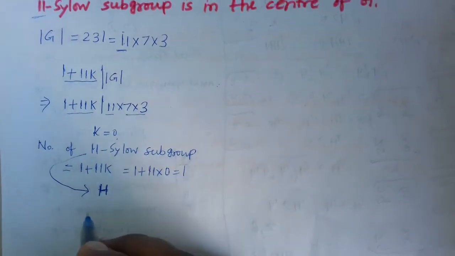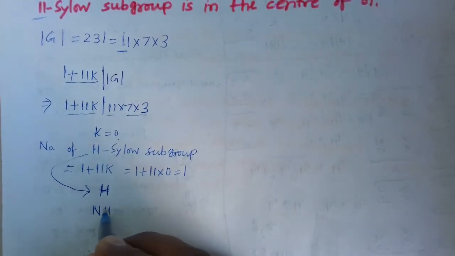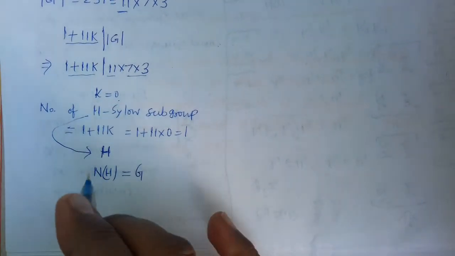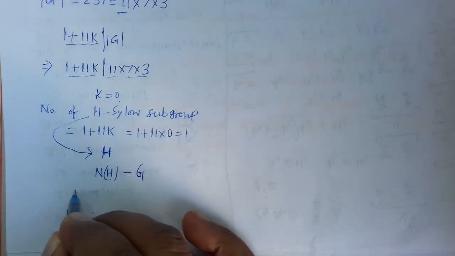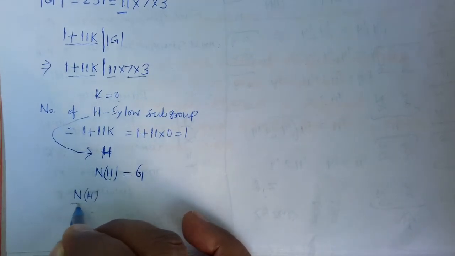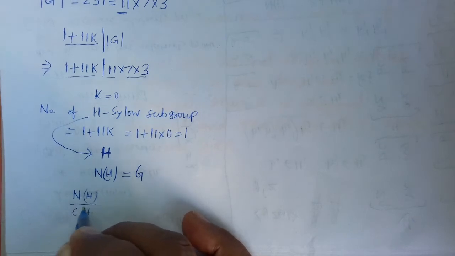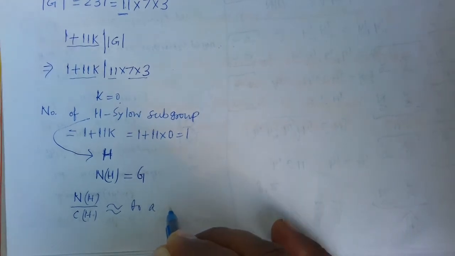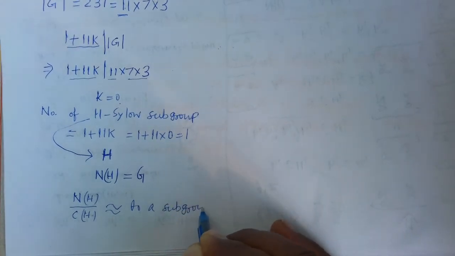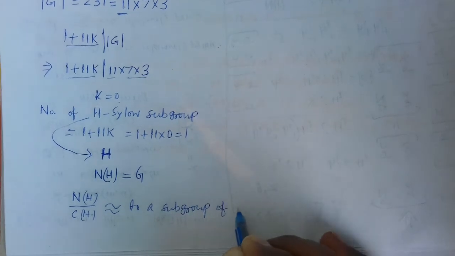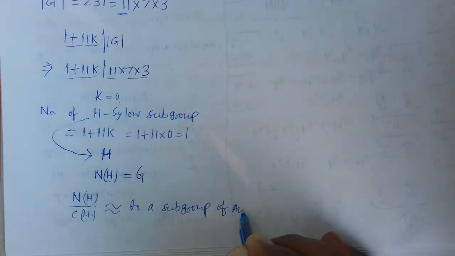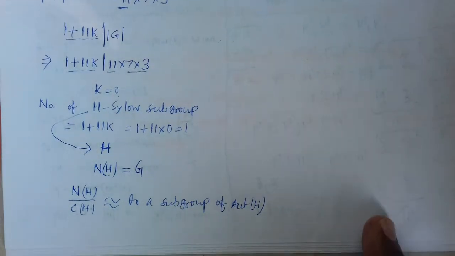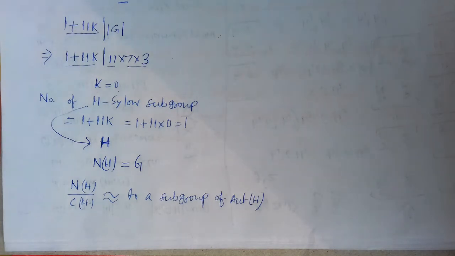Since H is normal, NH will be equal to G, the group. Now, by the N/C theorem, we know that NH by CH should be isomorphic to a subgroup of automorphisms of H. You must read that automorphism is itself a group.